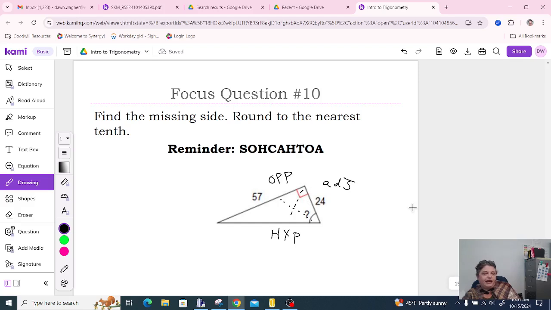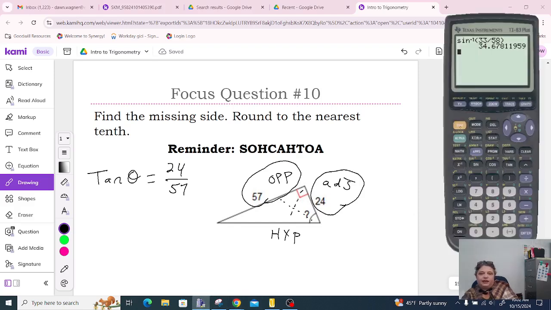Now, I have opposite and adjacent. What trig function uses opposite and adjacent? So tangent of theta, or you could put an x, is 24 over 57, which is actually 1/2, but it doesn't matter, your calculator. So hit the second key, remember, because you're looking for a degree.